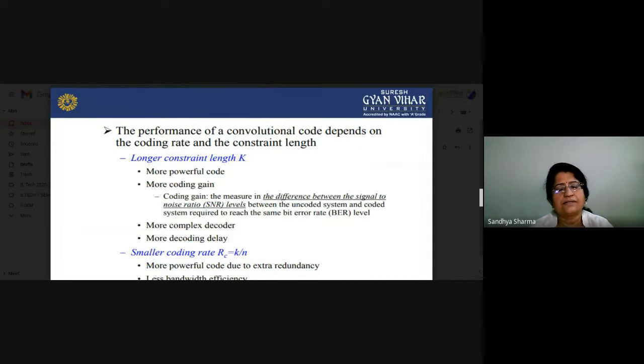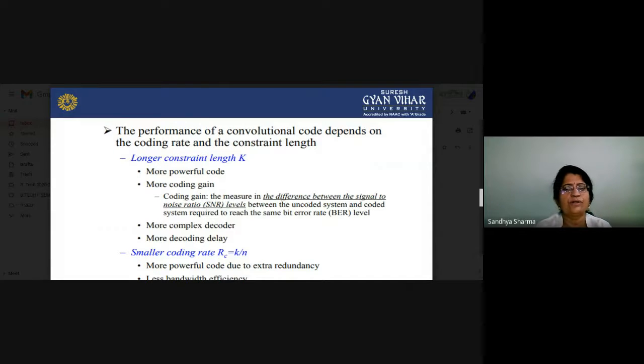Now, what is the performance? On which parameters does the performance of a convolution code depend? It depends on the coding rate and constraint length. A longer constraint length K means a more powerful code and more coding gain, higher than with a lower constraint length, but also a more complex decoder and more decoding delay.